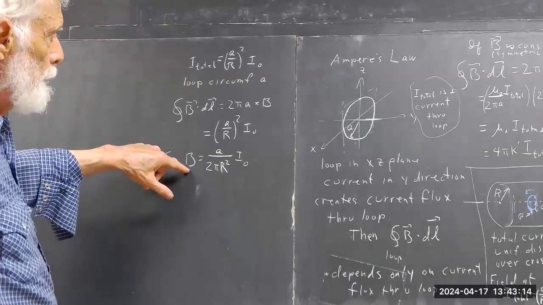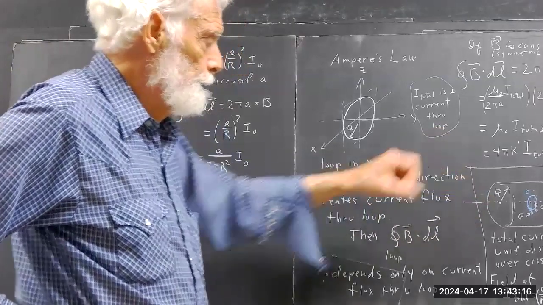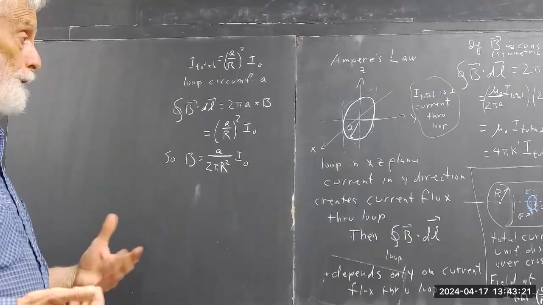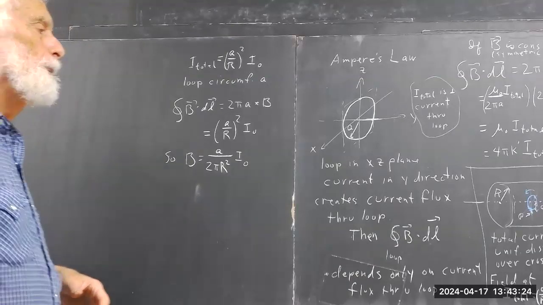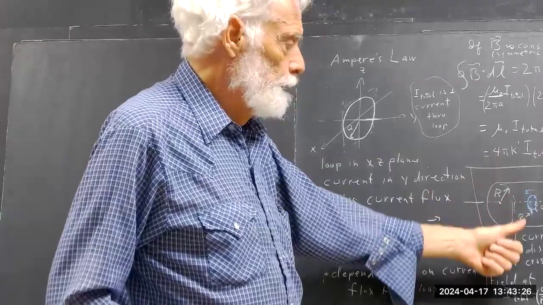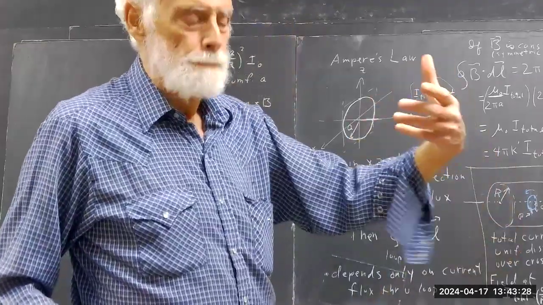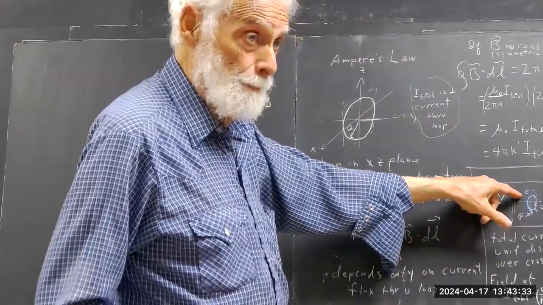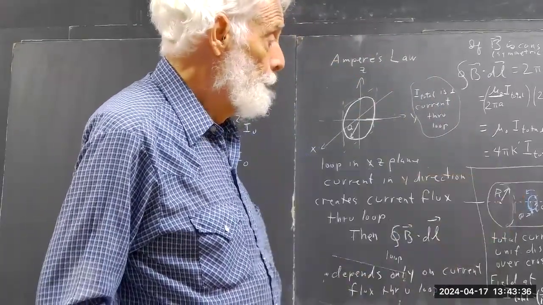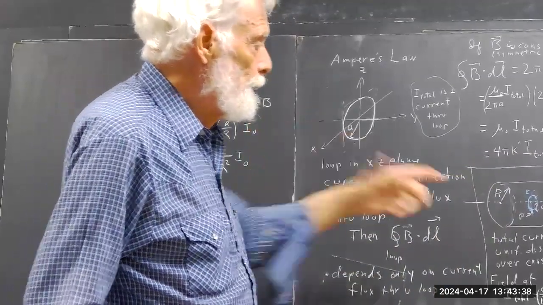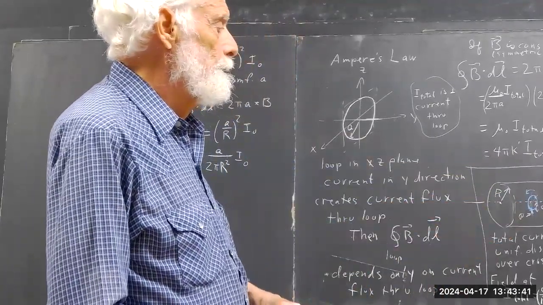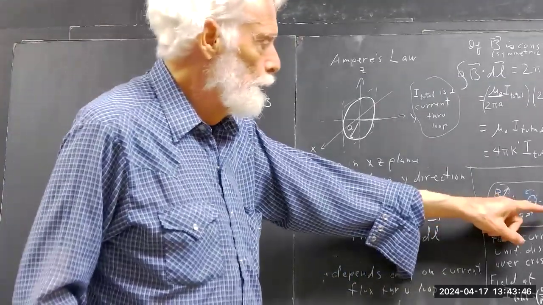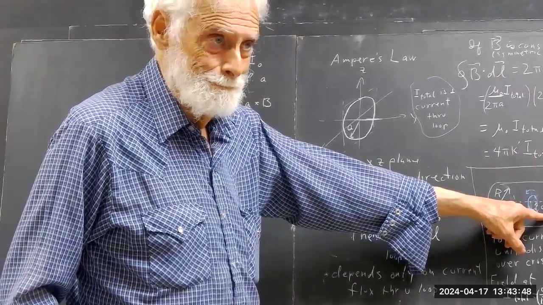So your magnetic field, as you move out from the center, increases linearly with your distance from the center. Why is that? Forget that previous statement. The area grows as the square of a.